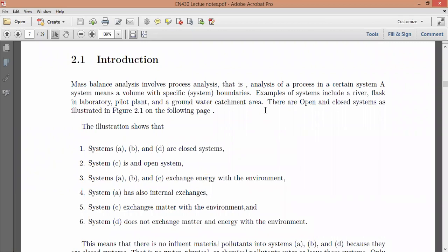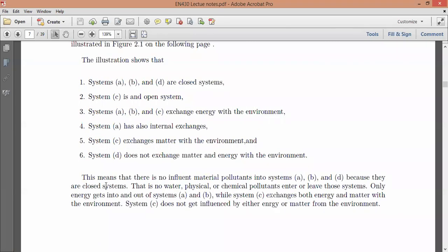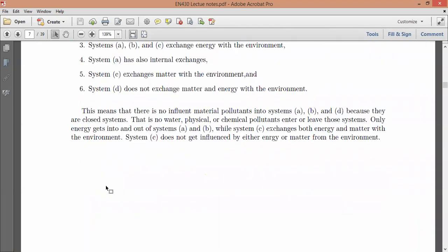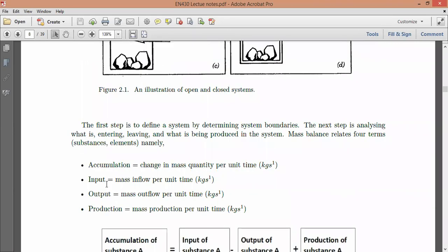These could be systems. So they are what are known as open and closed systems. We'll see that there are some very good illustrations to help us understand what an open or a closed system is. We have an illustration for about 6 systems that we're going to dive into right now. So these are the systems.